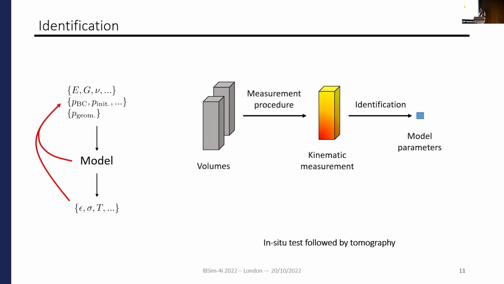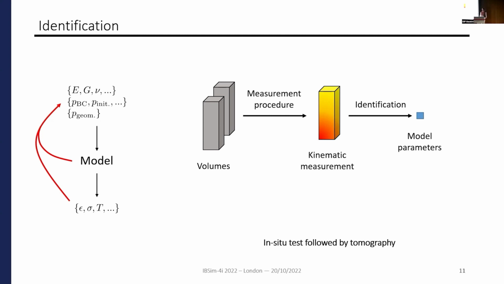And typically, for an in situ tomographic experiment, what we do is, from the volume, we have a first measurement procedure that provides us kinematic measurements. And then from those kinematic measurements, we can perform an identification using the model to find the model parameters.